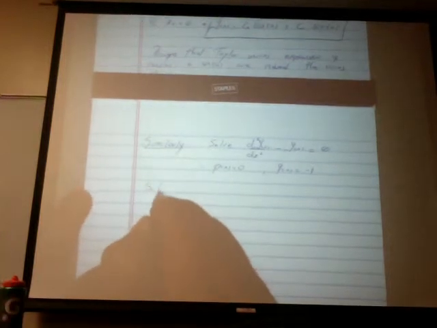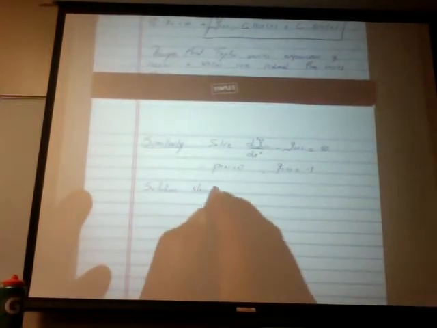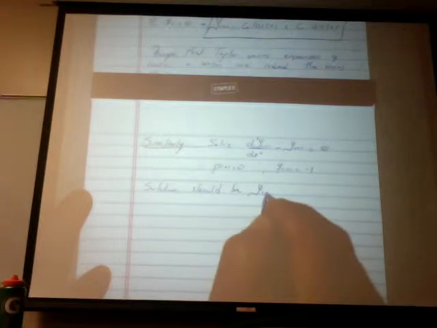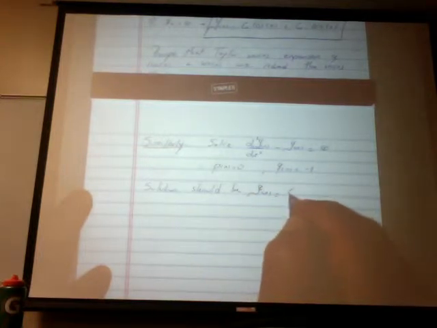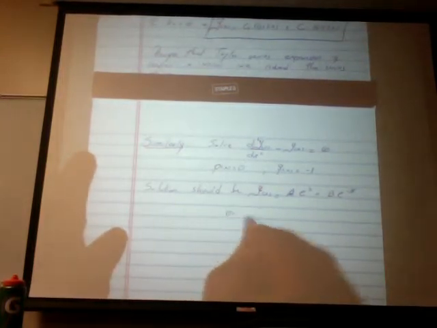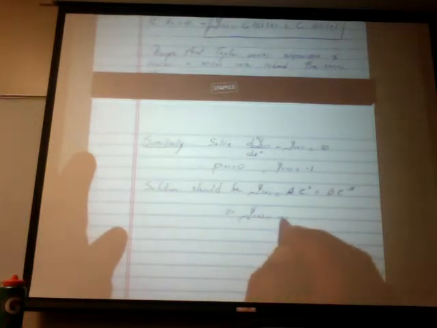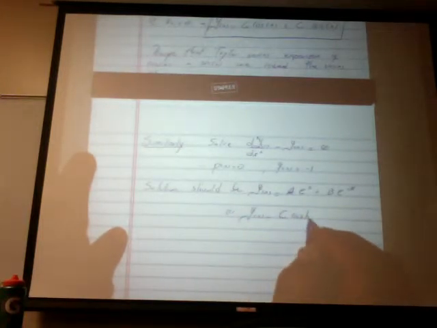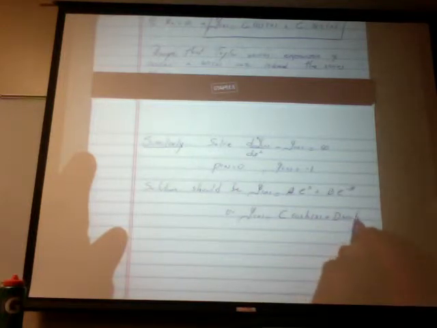Let me write it here. The solution should be y of x equals, I'm going to call it a and b, a e to the x plus b e to the minus x, or y of x is equal to c cosine hyperbolic of x plus d sine hyperbolic of x.